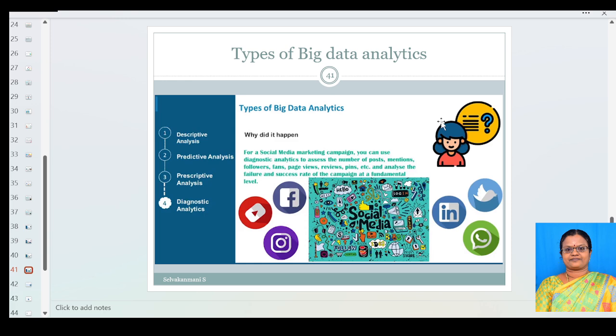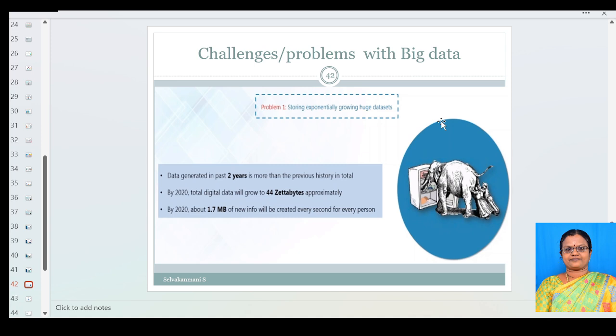It can be used in the medical field also, where the diagnostics of a particular disease will be stored, and what is the truth or the false information about that data can be identified at a later stage or by other users. So this is called diagnostic analytics.